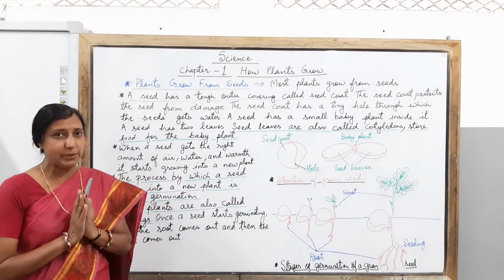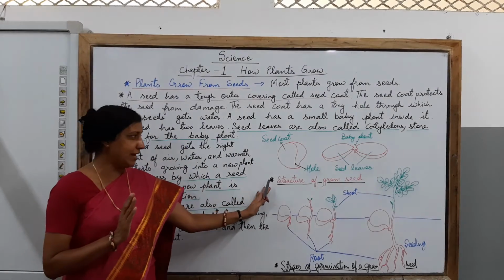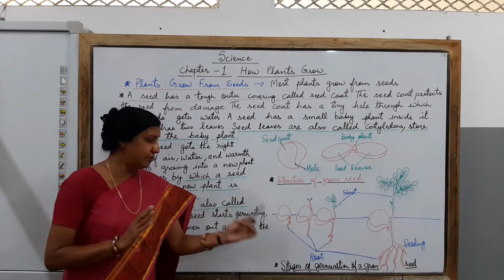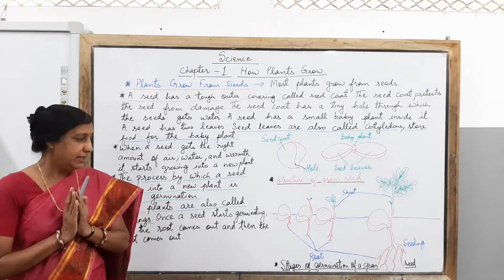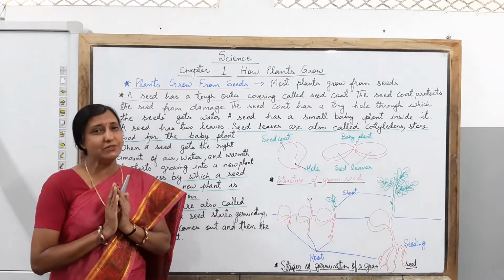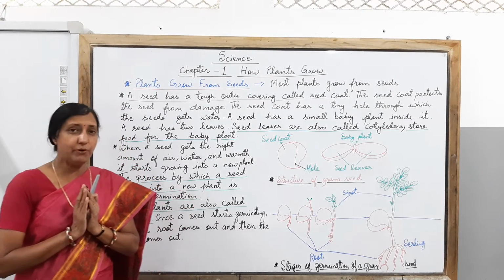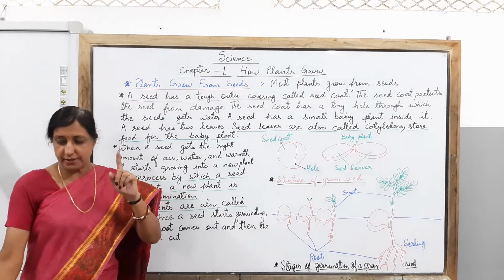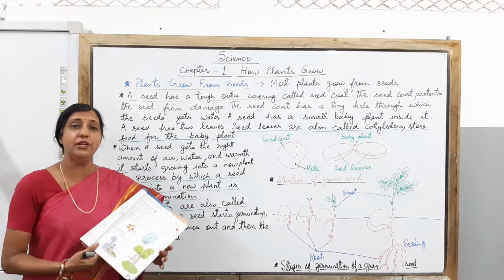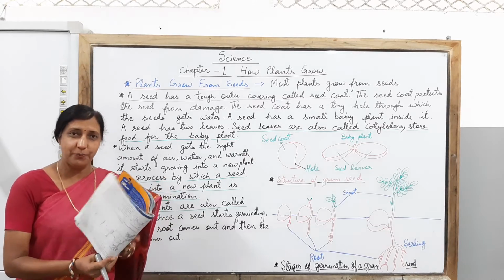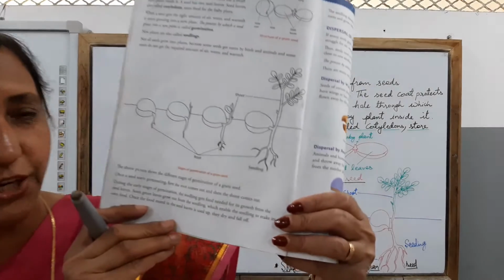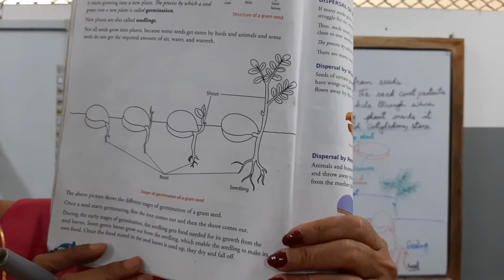What I have explained in this class today about the structure of a gram seed as well as the stages of germination taking place in a gram seed, you must remember. With the help of this class today, you have learned them all. Let us revise the stages being shown in your book also. Here you can observe the diagram shown in your textbook, which I have already drawn on the board for you all.